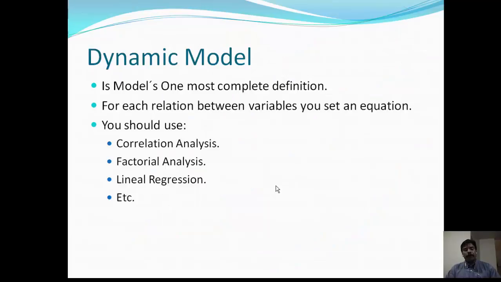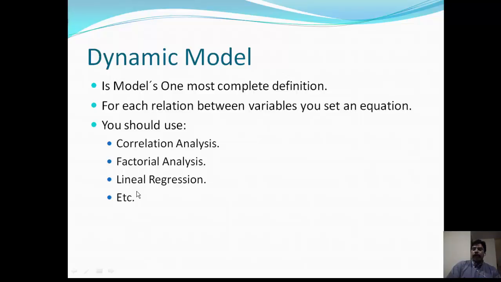You have another course called dynamic systems, and a dynamic model can be understood as Model 1's most complete definition. For each relationship between variables, you set an equation, and you can also use correlation analysis, factorial analysis, linear regression, etc.